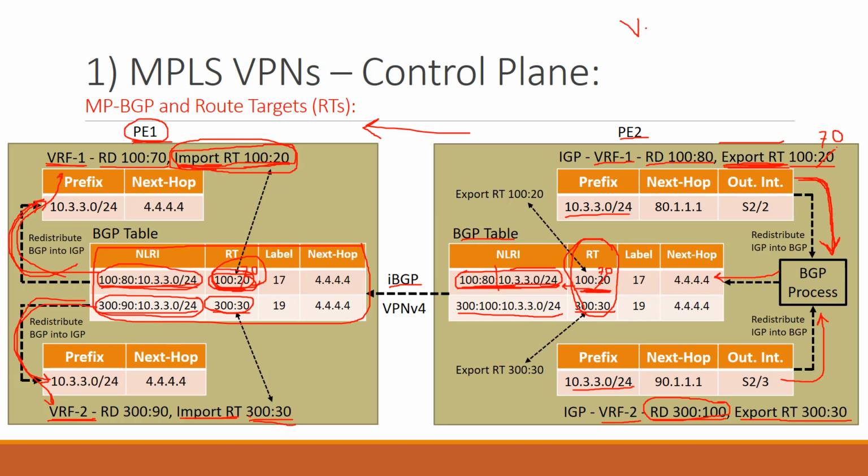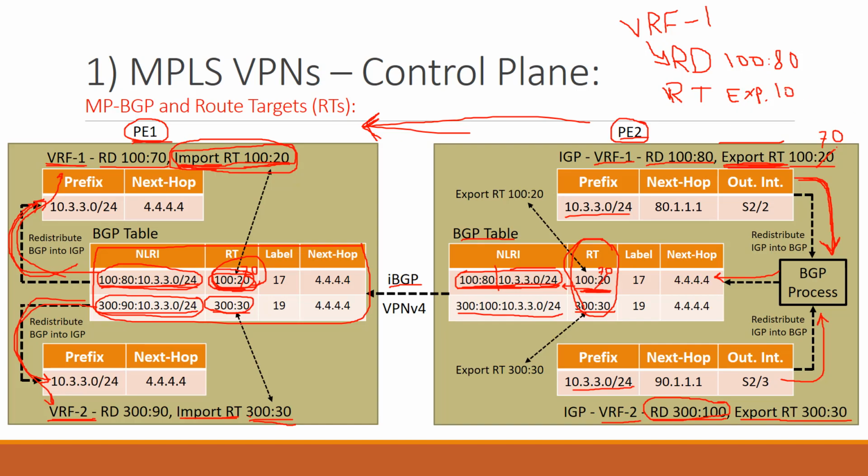So when you configure a VRF, you give it a name. Let's say we are configuring on provider edge 2, and inside the VRF subcommand, you configure the route distinguisher, which is 100:80 as used in this example, and you configure route target export for routes going to another provider edge.